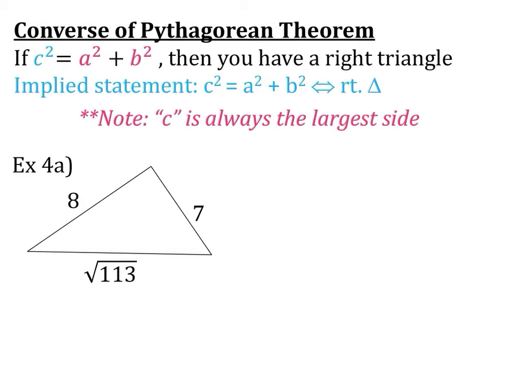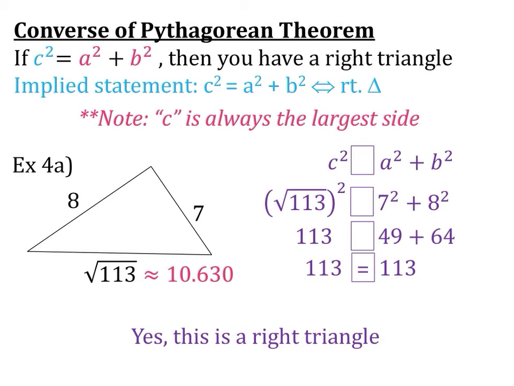Here we have our 3 side lengths. We can see that the hypotenuse appears to be the square root of 113, and the square root of 113 is approximately 10.630. So plug in all your values to see if this is indeed a right triangle or not.